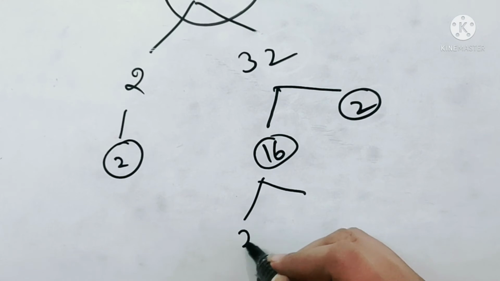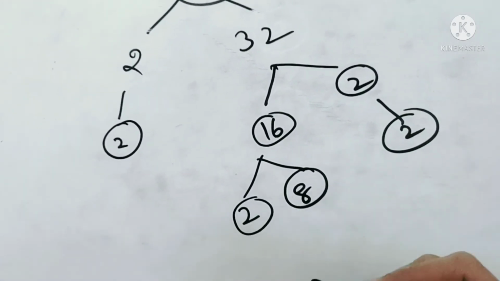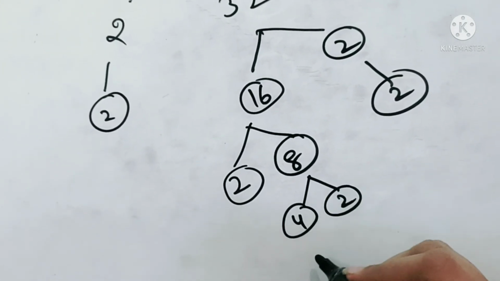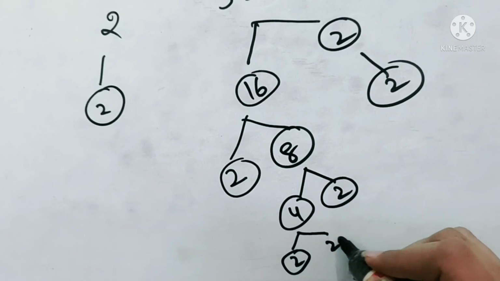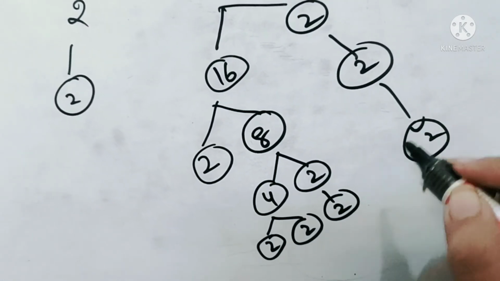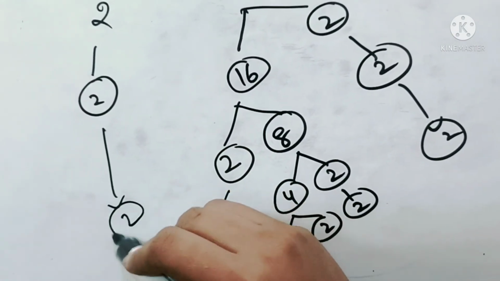Similarly, 16 can further be divided as 2 into 8. This 2 can't be divided, so I will carry it same. Again, 8 can be divided as 4 into 2. Again, 4 can be divided as 2 into 2. And the 2 which can't be divided will be carried down same. This 2 will also be carried down same, and this 2 as well.